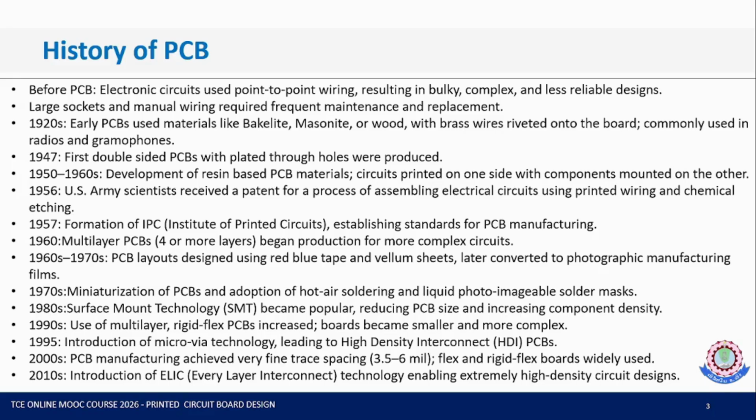That is another development in the history of PCB. In 1995, micro wire technology was introduced, which led to high density interconnection PCBs, a major breakthrough. In 2000, PCB manufacturing achieved very fine trace spacing, 3.5 to 6 mil, which is smaller in size, and flex and rigid flex boards were widely used in the 2000s.